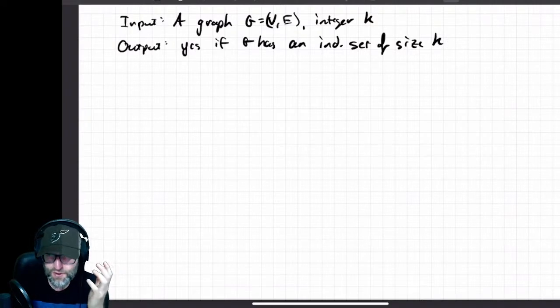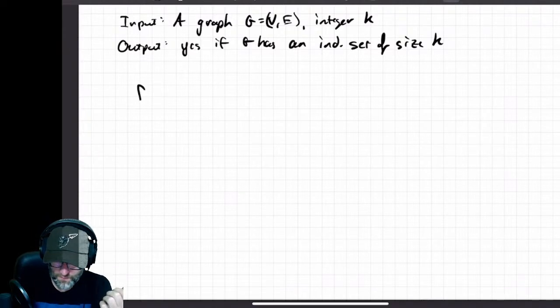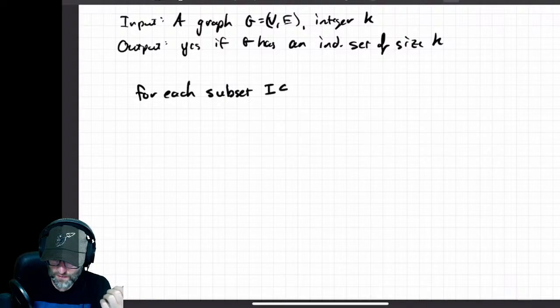All you need to do is generate subsets. That's the very definition of an independent set. It's a subset of vertices. So for each subset I of vertices, you need to check to see if that is indeed an independent set.